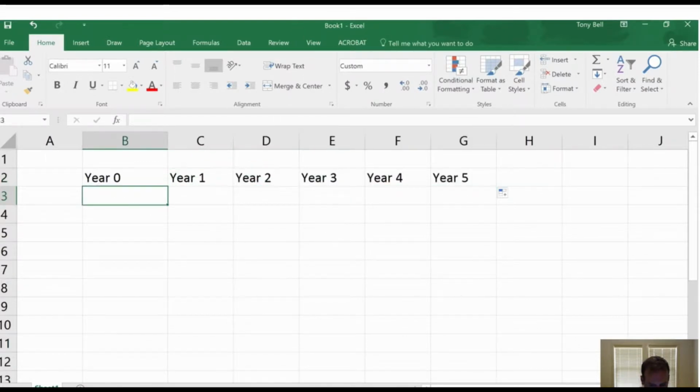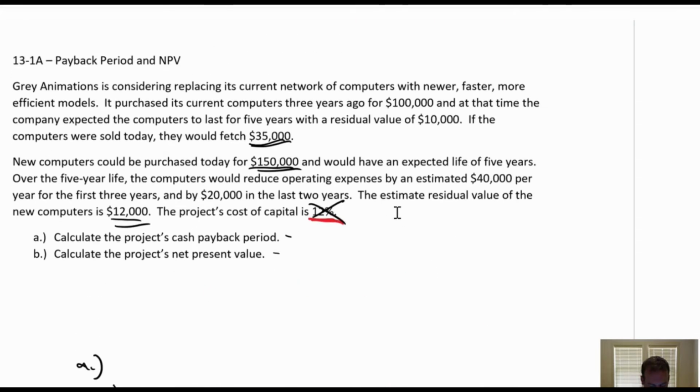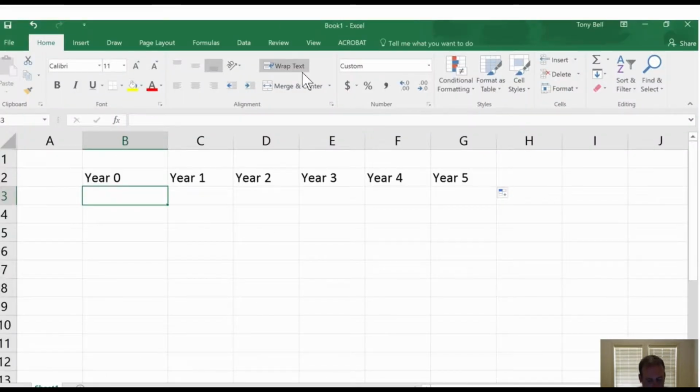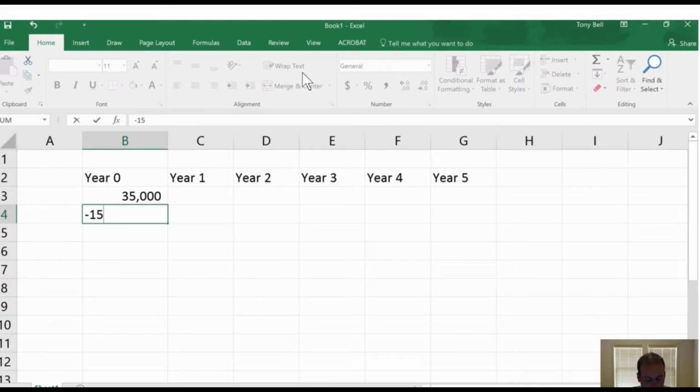And in year 0, what's happening? Well, we are trading in our old computer for 35 grand and buying new ones for 150. So again, the old computer nets us a positive 35,000. The new computer's a negative 150.